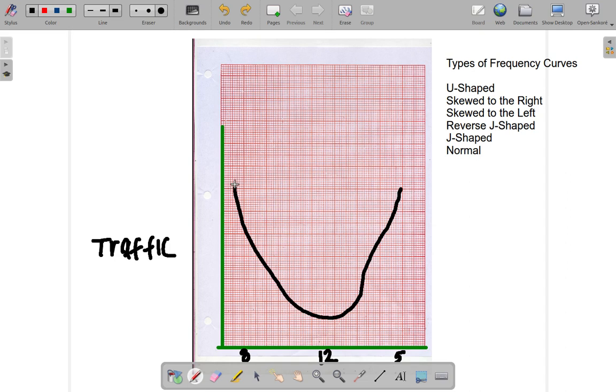A lot of people are going to work at 8, between 7:30 and 8, heavy traffic. The traffic goes down by midday, you know, there isn't much traffic. But then later on, the traffic builds up again as people are coming from work and school, right? That could give a U-shaped curve.